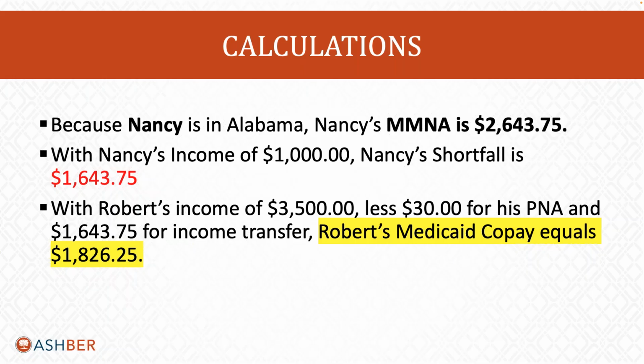So again, that's going to get subtracted from Robert's income of $3,500 and moved over to Nancy, as well as the $30 personal needs allowance for Robert. That's going to get allocated to him as well for his personal needs. So that's going to give Robert a Medicaid copay in this situation of $1,826.25.